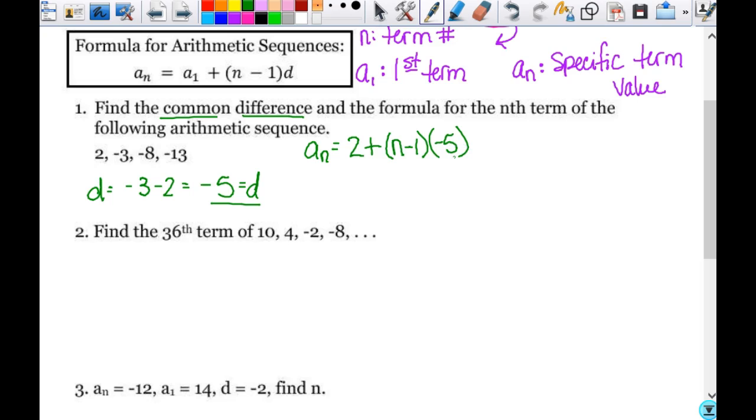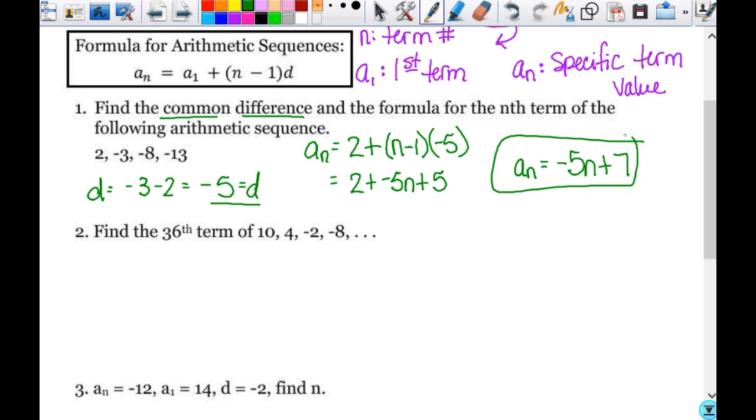Easy enough? Now we just simplify this, and we're going to get that's equal to 2 plus a -5n plus 5, which means that a sub n is equal to -5n plus 7. There you go. Easy enough?